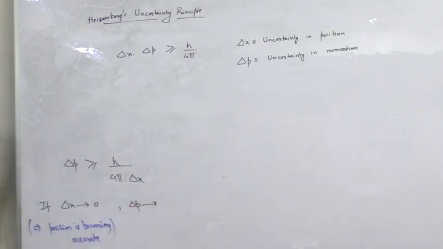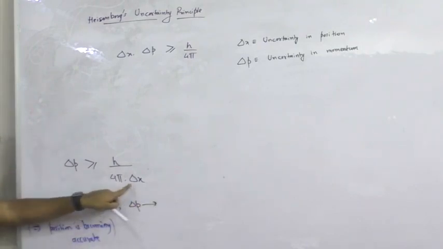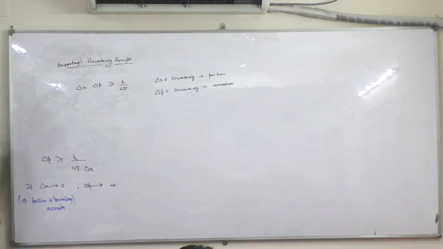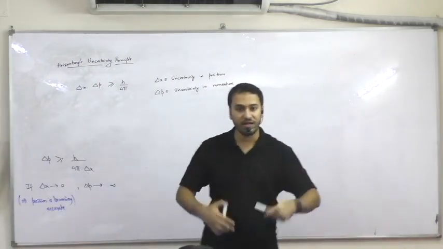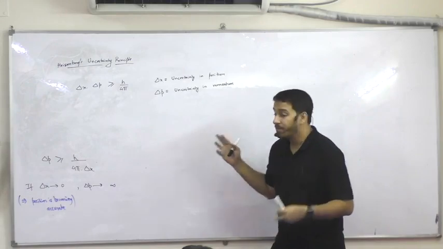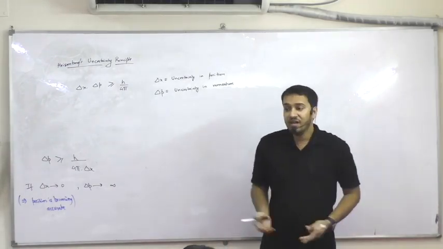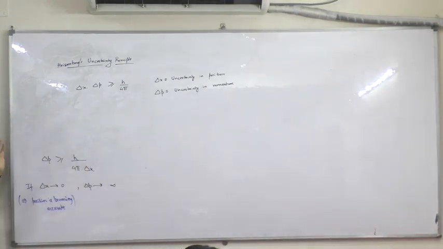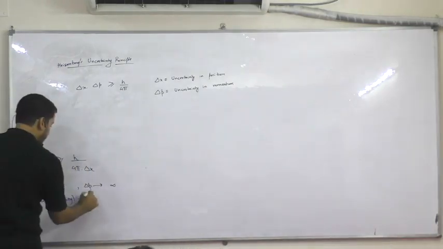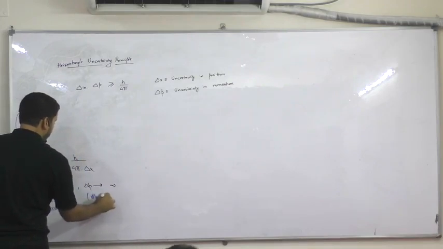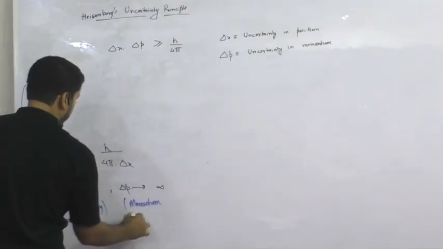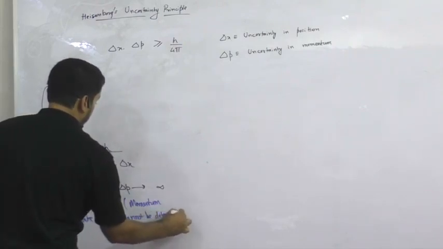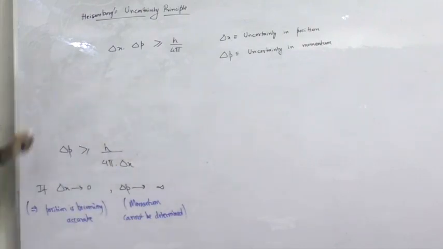If delta x is tending to 0, what will delta P tend to? Infinity. Right? अगर denominator 0 हो जाएगा तो value क्या हो जाएगी? Infinite. Means the error in measurement of momentum is going to be infinite, which is essentially saying that you cannot know the momentum of the particle. Delta P tends to infinity, which means momentum cannot be determined.